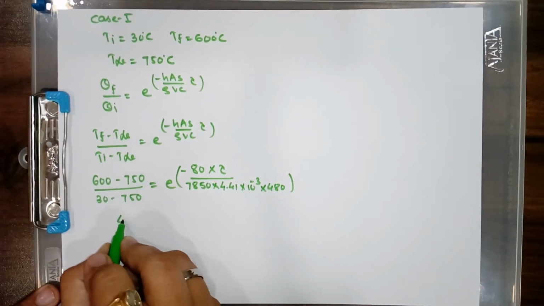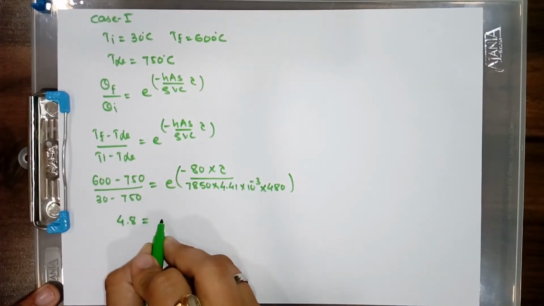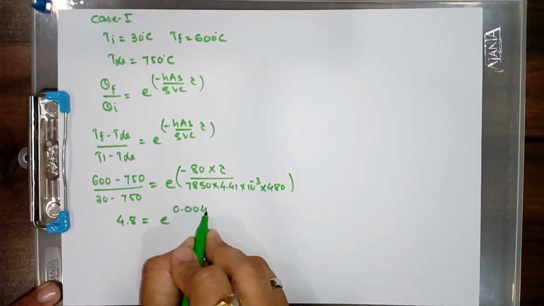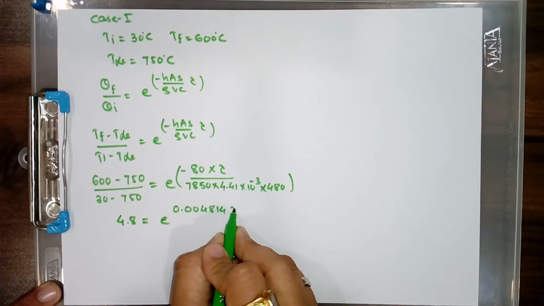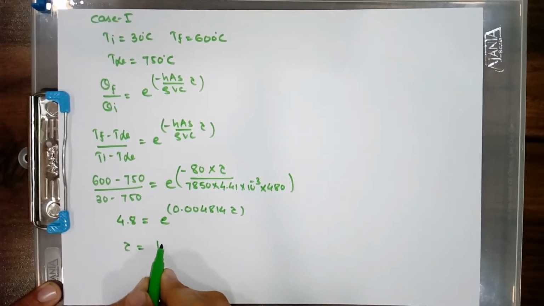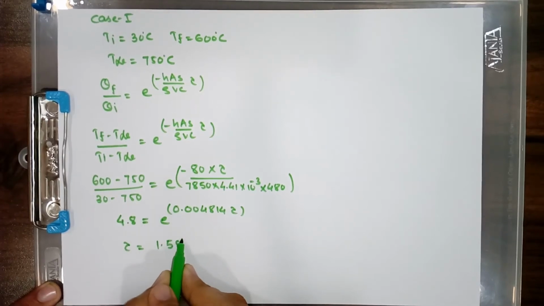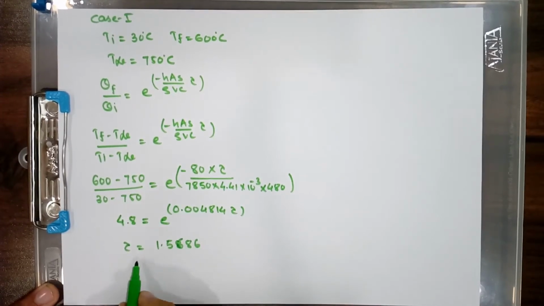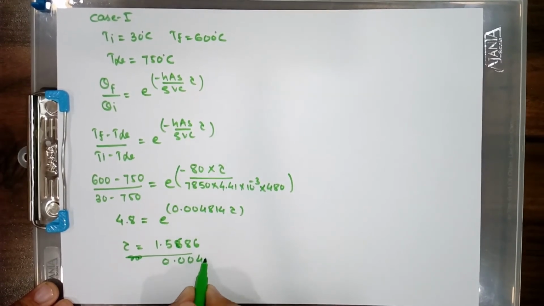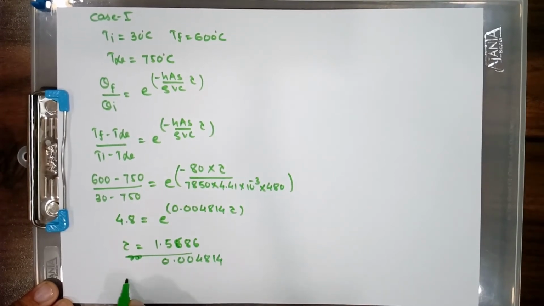So we get 4.8 equals exponential of 0.004814 times tau, and we get tau equals 1.585686 divided by 0.004814, and finally we get tau equals 326 seconds.